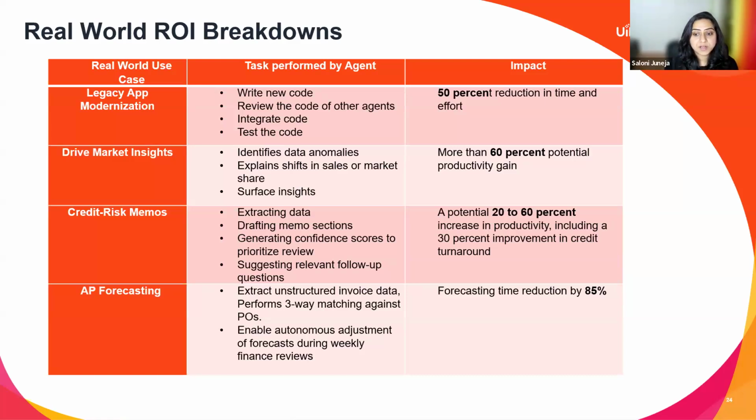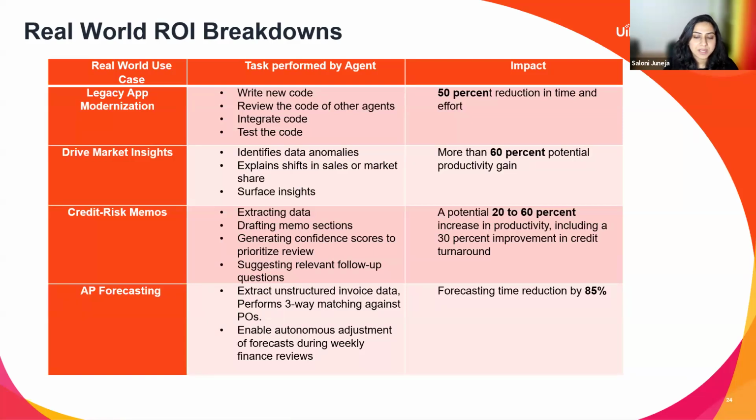Okay, so that's the last use case, AP forecasting, where these agents also work with all the different technologies that we were using in the past. For AP forecasting, typically we start with an OCR solution to extract the data from unstructured invoices, and then the agent performs the three-way matching against PO.